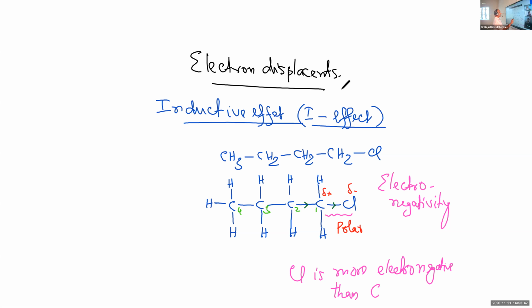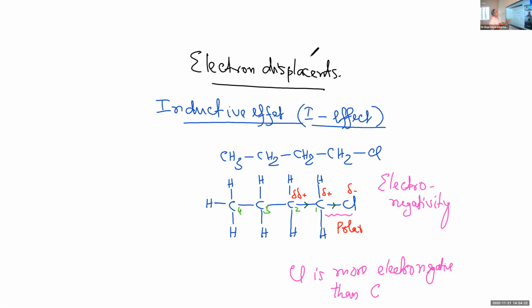Due to this partial positive charge on carbon atom number 1, the electron pair present in the C1-C2 bond is shifted towards carbon atom number 1. And so carbon atom number 2 gets a still smaller positive charge, because the electron pair is shifted towards carbon atom number 1.